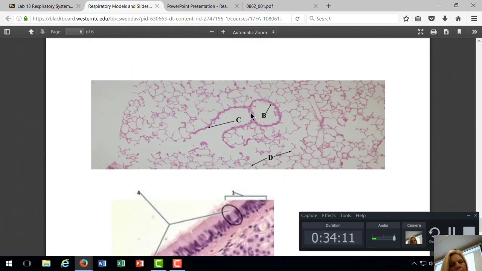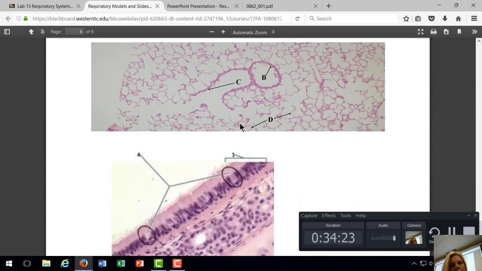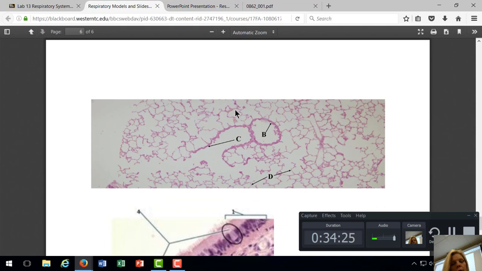So what are these thicker passageways called? Bronchioles. Yep. Bronchioles are the tiniest of airways that lead to the alveoli. So these are the bronchioles. So again, the organ is the lung, the tissue is simple squamous, and the specific structures are alveolar duct, alveoli, and bronchiole where it gets thicker here, and here's another cross section of a bronchiole.